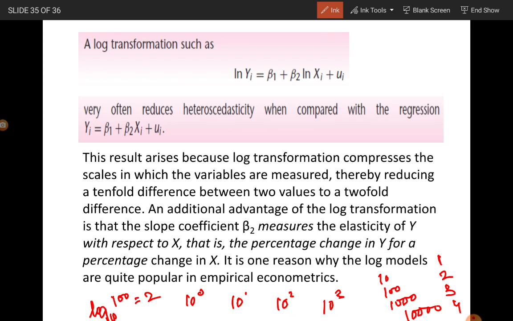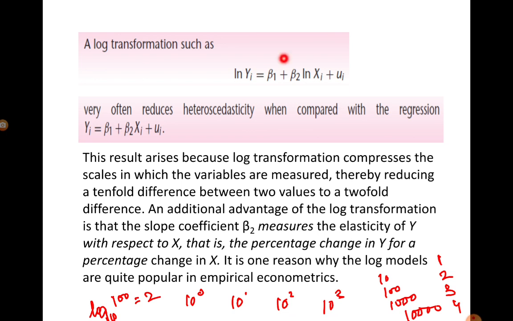Another additional advantage, of course, is that once you've done the log transformation, if you estimate beta 2 over here, beta 2 will actually give you an idea about the elasticity of yi with respect to xi.